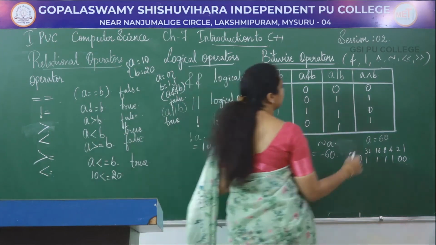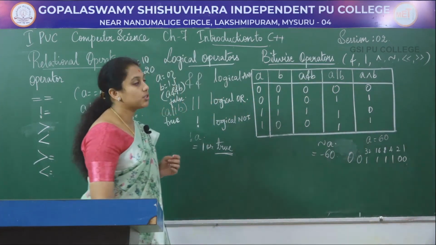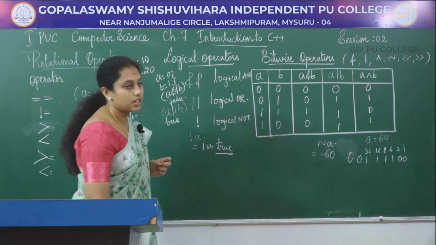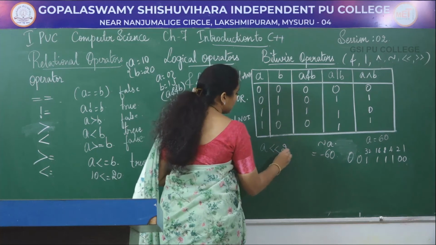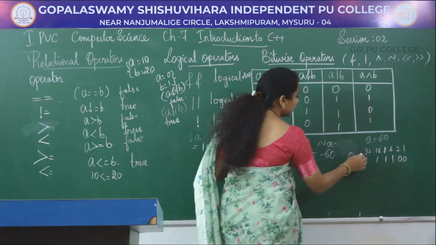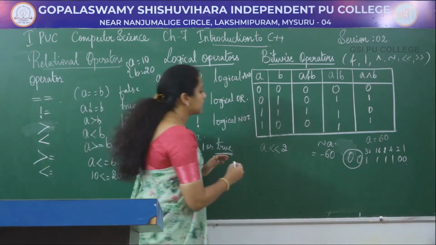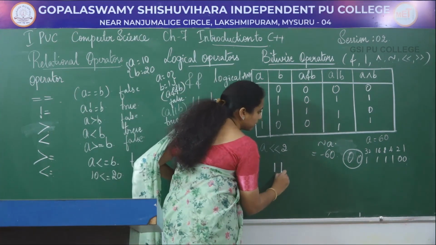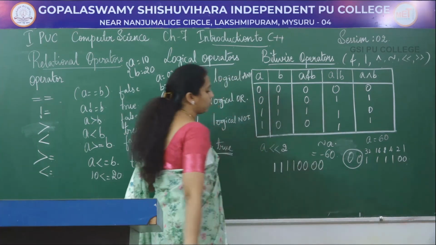Next is left shift operator and right shift operator. So when I want to shift two bits, that is A left shift 2, it means we have to shift the 2 digits from the left side. That is, the output will become 1, 1, 1, 1, 0, 0, 0, 0.